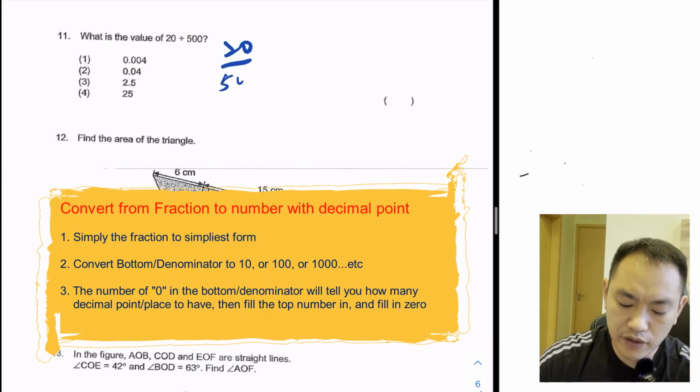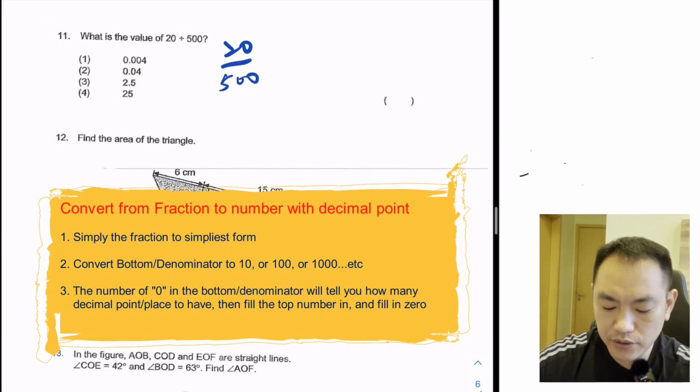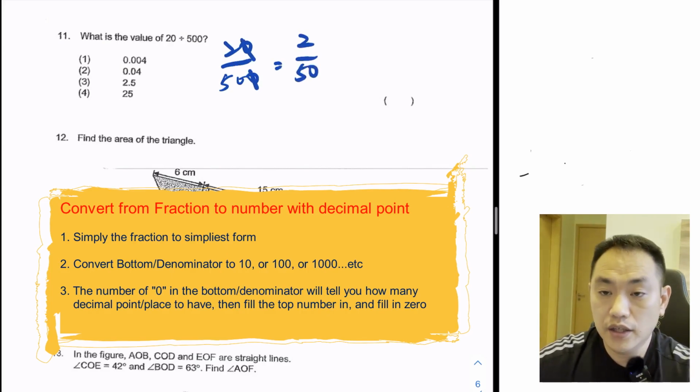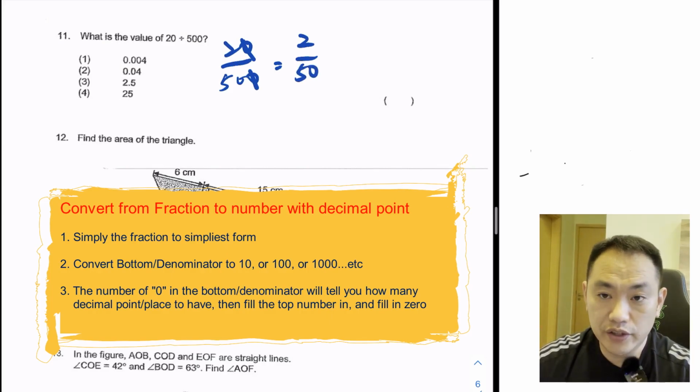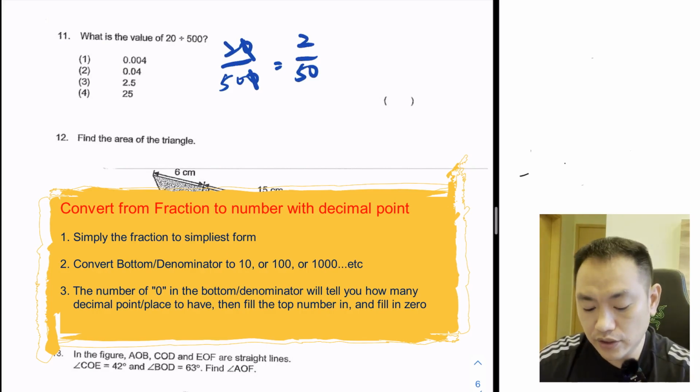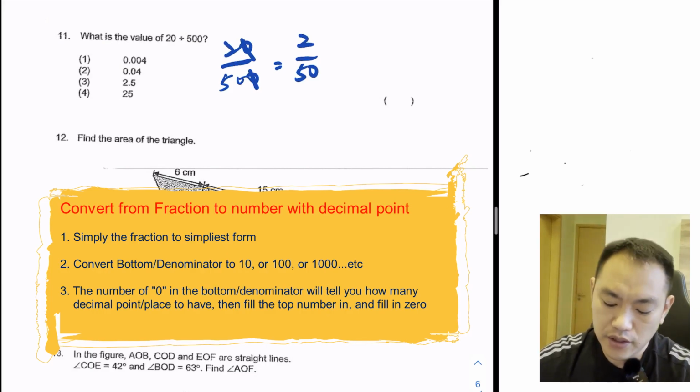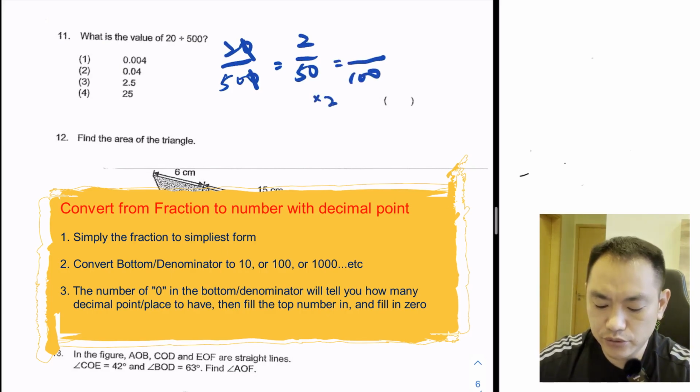20 divided by 500. There is a 0 at the top and a 0 at the bottom, so we can just cross them out, which means it is equal to 2 over 50. So for 2 over 50, you can either convert the bottom to 10, or the easier way is to convert the bottom to 100. Okay, so let's try 100. From 50 to 100, you basically times 2, so you also times 2 at the top, so it will become 4.